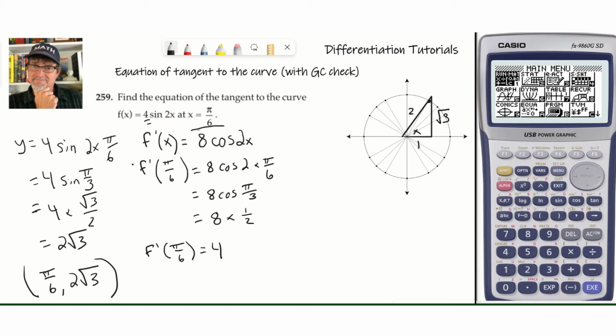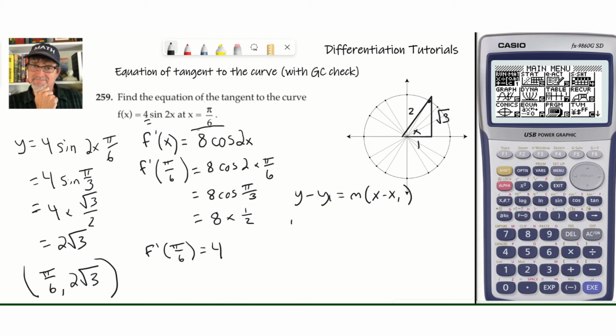We're ready to plug those into our point gradient formula, which hopefully you remember. It looks like this: y minus y1 equals m times x minus x1. Now we'll plug in everything we have here.